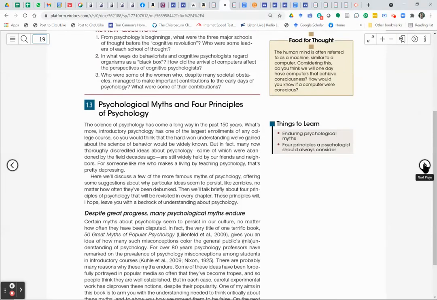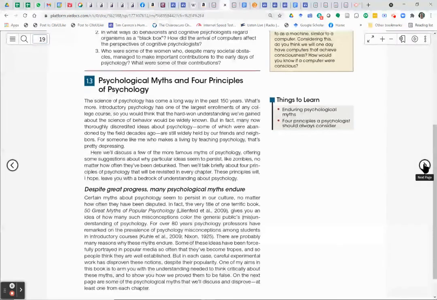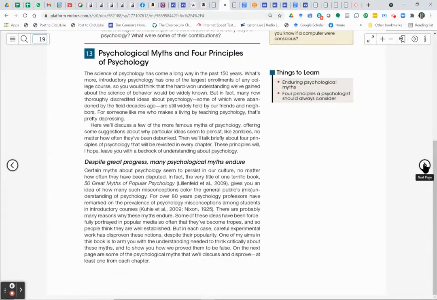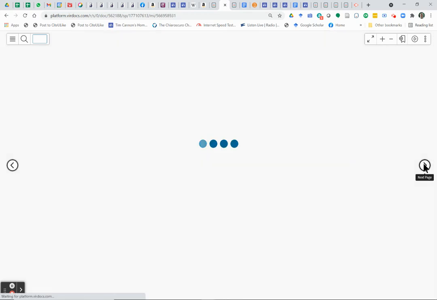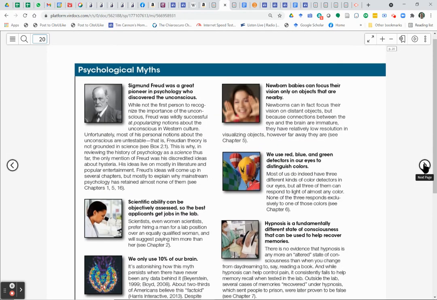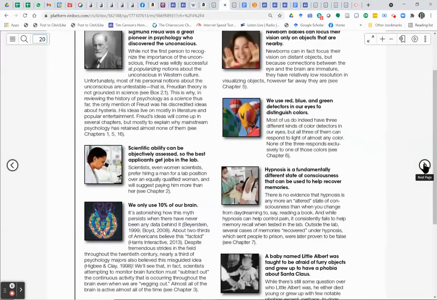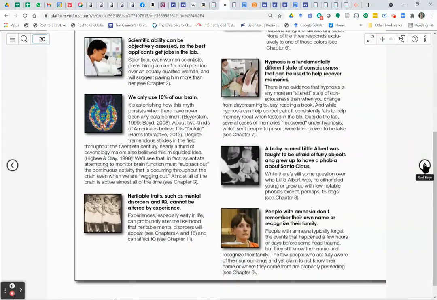The 4 principles of psychology are core to this course, and each chapter brings these up. And I hope I've remembered to email you a little survey. I will not test you on these myths. There's too many. But there are a lot of myths about psychology. And here they are described.